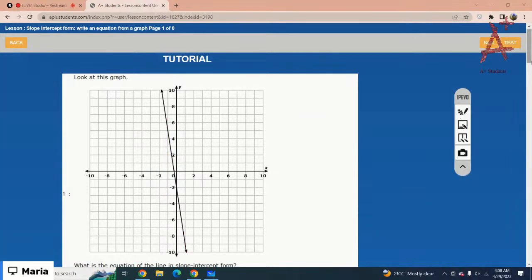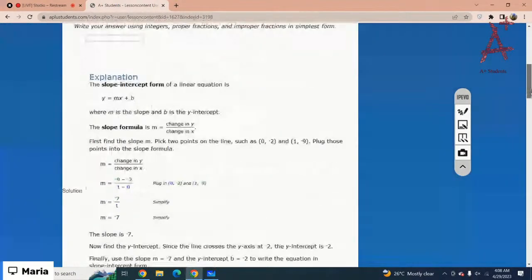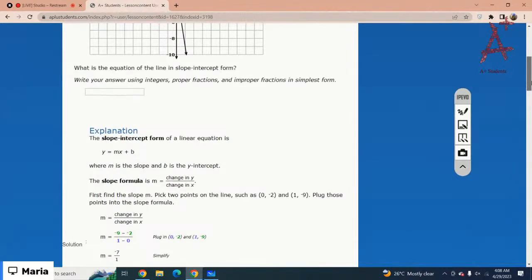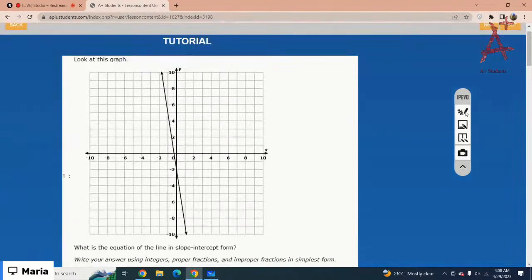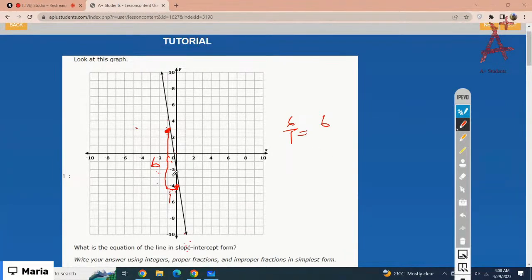Let me just confirm. One, 2, 3, 4, 5, 6, 7. The slope is 7, not 6. The slope is 7.